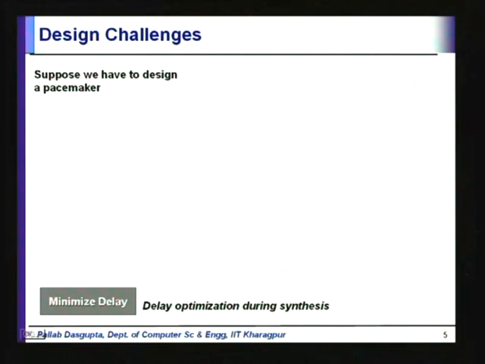First thing is, we have to minimize the delay. What is the delay? Every circuit has a delay, the delay that a signal takes to propagate from the input of that circuit to the output of the circuit. All right. Now, we have to keep the delay to the minimum. Why? Because we want to make sure that you are able to produce all the pulses within the right time. You cannot delay that, right.